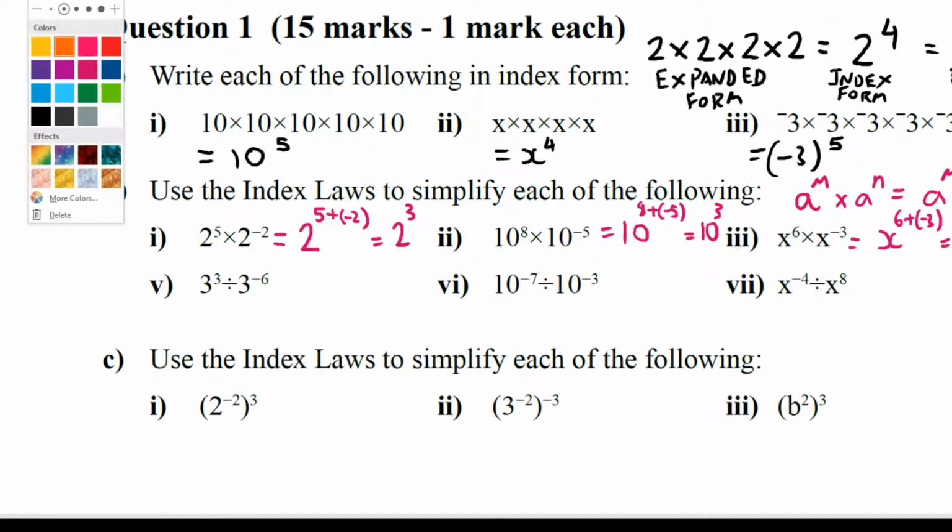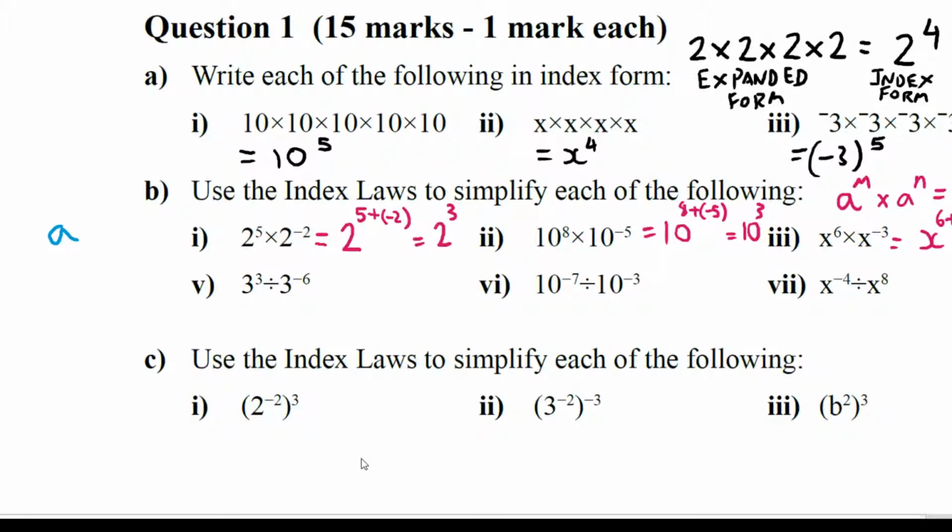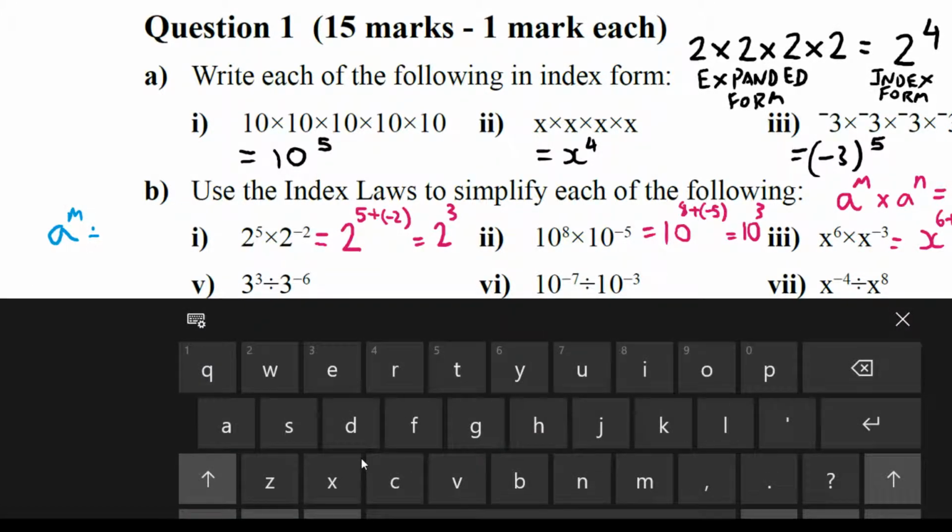Now, these examples, they use the second index law, all right? So I'll write that one here. We've got a to the power of m divided by a to the n equals a to the m take n, all right?